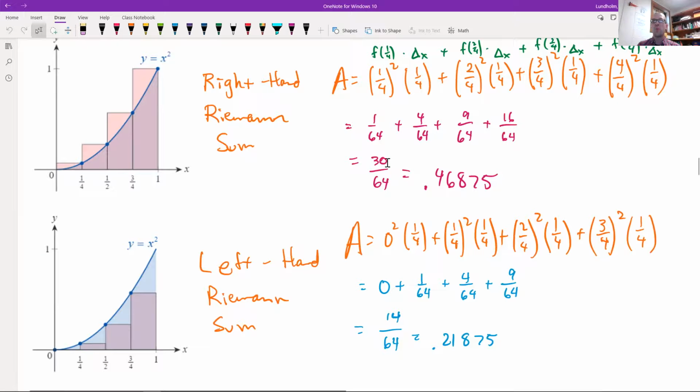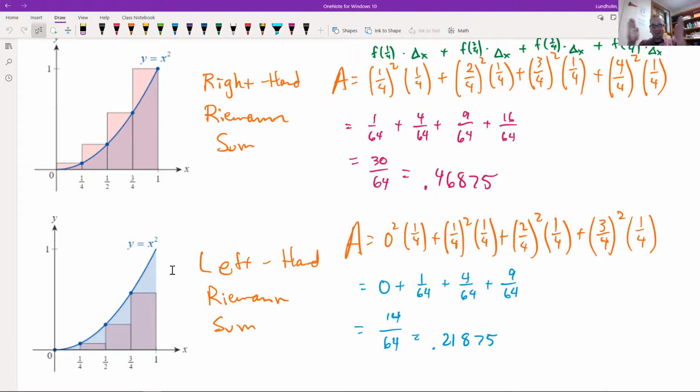And so we can be confident, while we don't necessarily know the exact value of this integral, the exact blue area, we know that it's in between 0.46875 and 0.21875. It's somewhere around 0.3-ish, probably. And if we wanted to get better estimates, we would shrink our delta x.